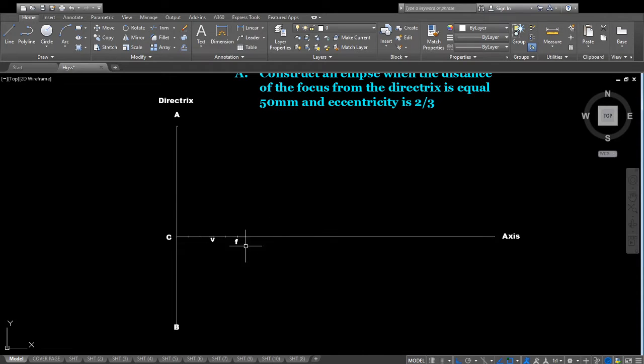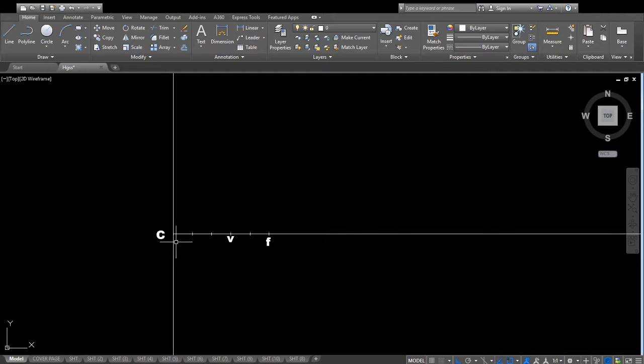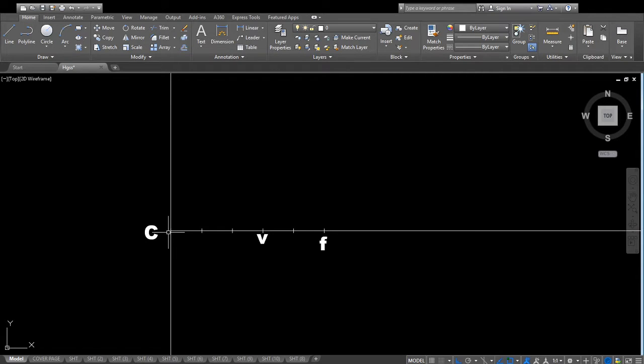Now if you establish this line AB and then line C axis, then on that line you measure from point C to wherever 50 mm is, and you mark it. We call it F. This is our F now, which is 50 mm as given in the question.